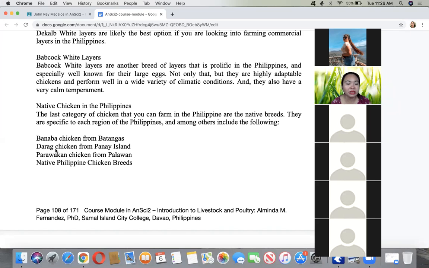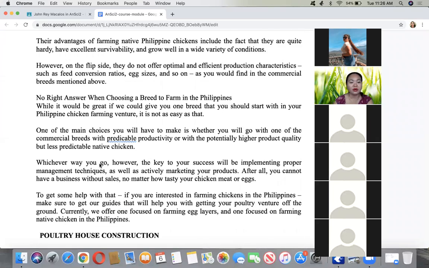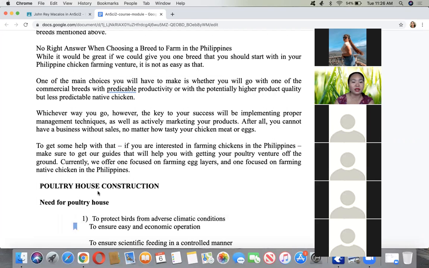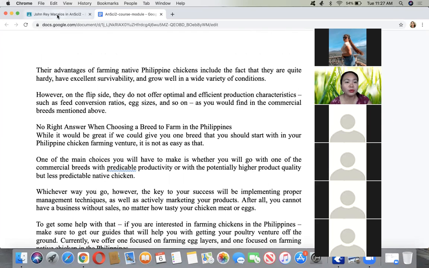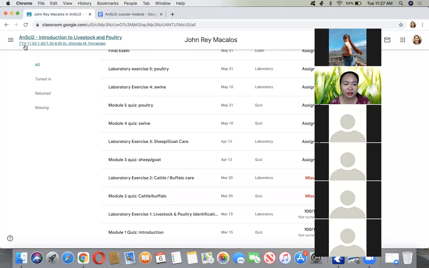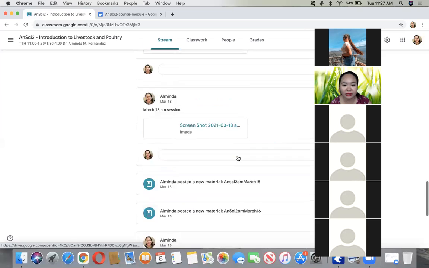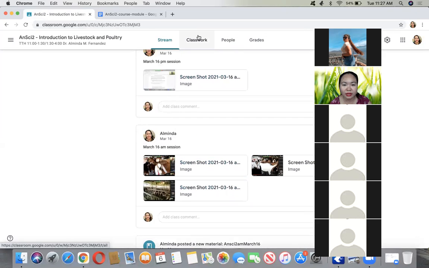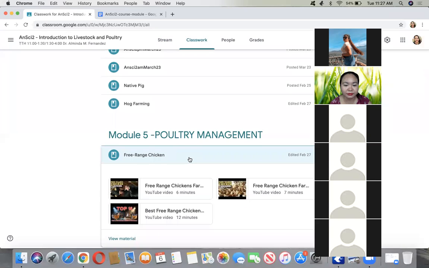We have the Banaba chicken from Batangas. We also have the Rag chicken from Panay, Paraoakan, and other native Philippine chicken breeds. So I guess before we proceed with the major steps in production, which include poultry house construction, we will watch videos on the different breeds, starting with the free range chicken.